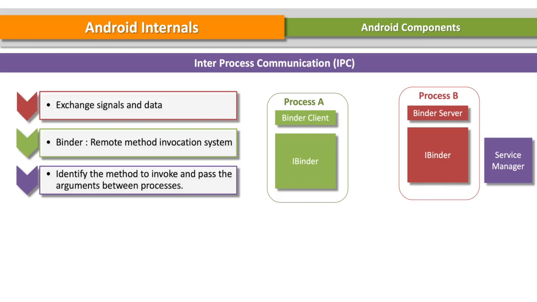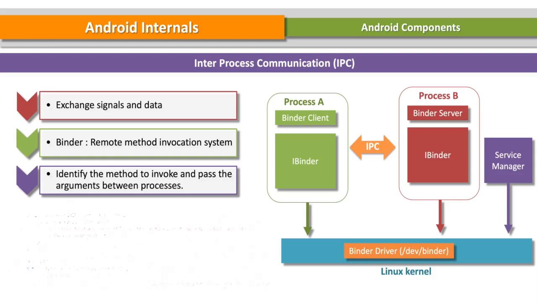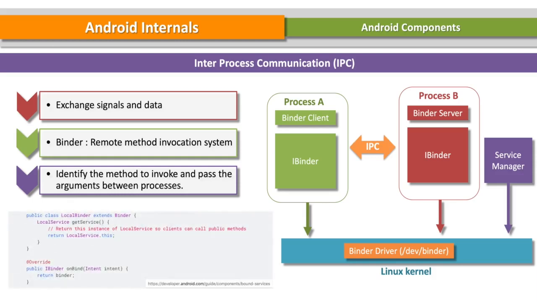Client sends request information to server by calling proxy. 3. Proxy sends user request information to Linux kernel space and sends it to server. 4. Server processes user requests and returns the processing results to client's proxy through the binder driver of the Linux kernel. And 5. Client receives the return result from server. So here's a part of binder implementation with Java.